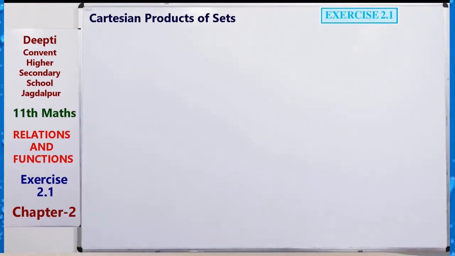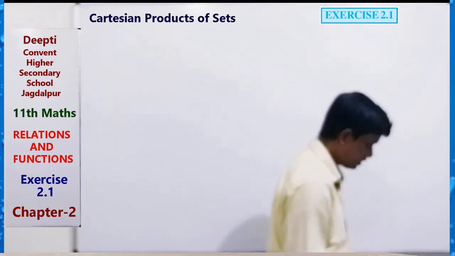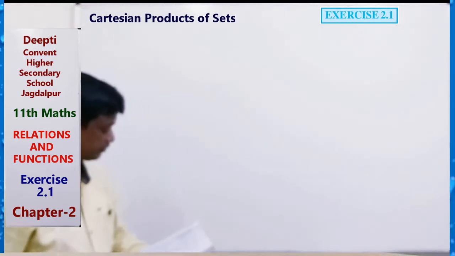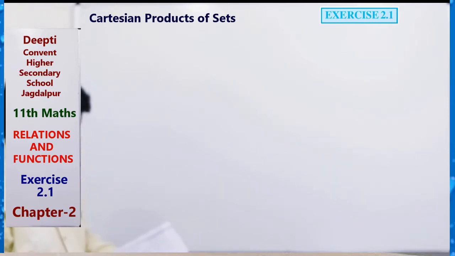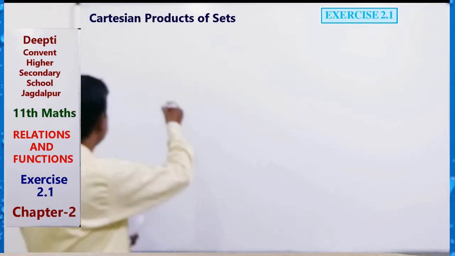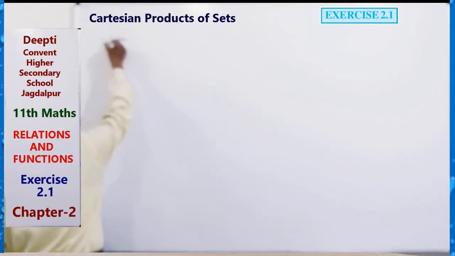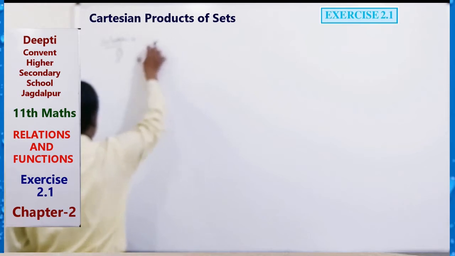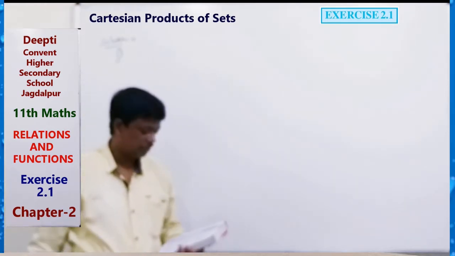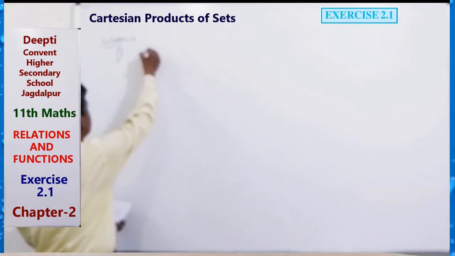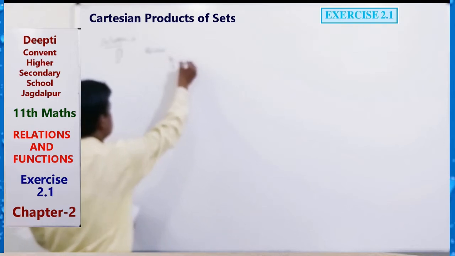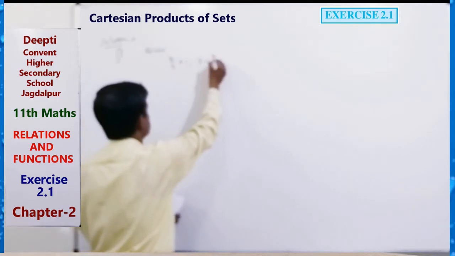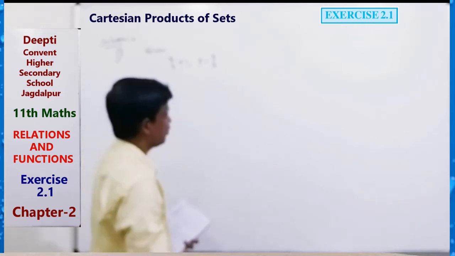Now I will solve exercise 2.1. The first question: if (x by 3 plus 1, y minus 2 by 3) equals (5 by 3, 1 by 3).